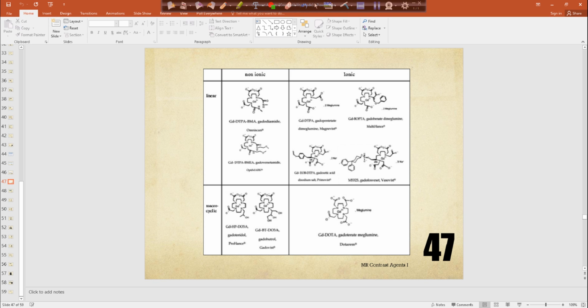And then the linear non-ionic are the weakest in terms of stability. And you can see here these linear agents or ligands do not completely wrap around the gadolinium. So they're open. So there's always a little bit of a hole within the organic chemistry of the structure that makes it more susceptible.